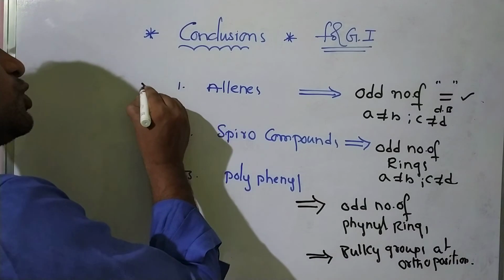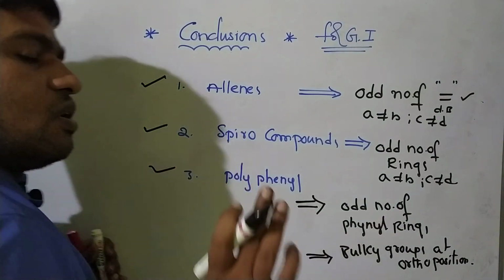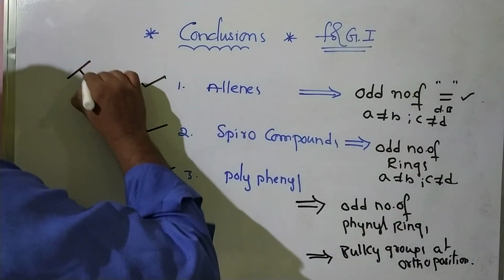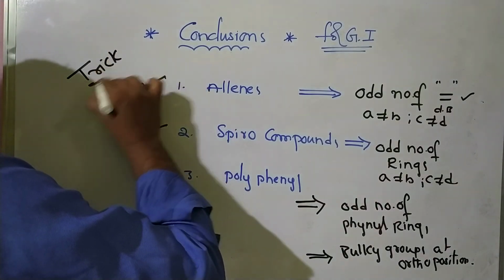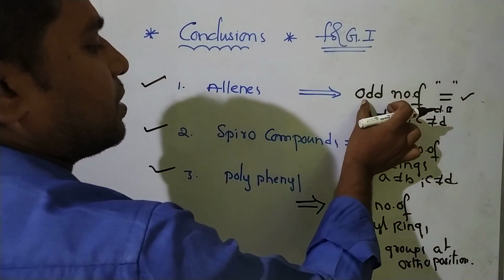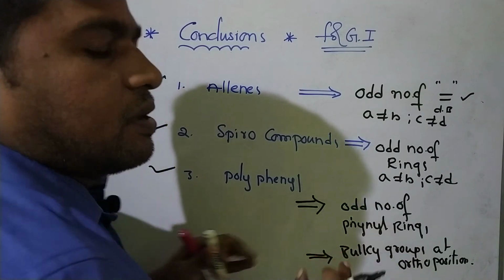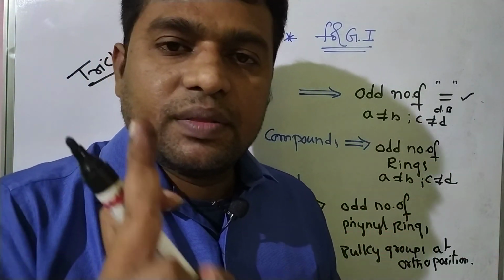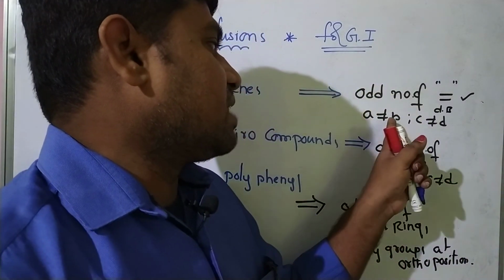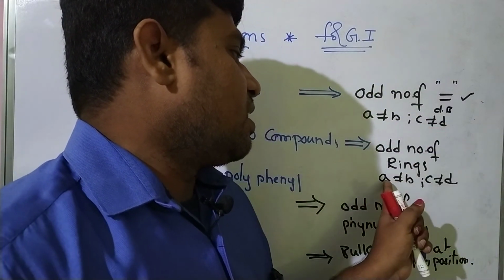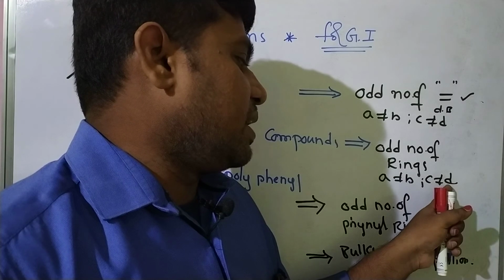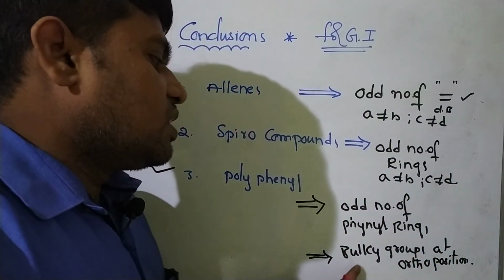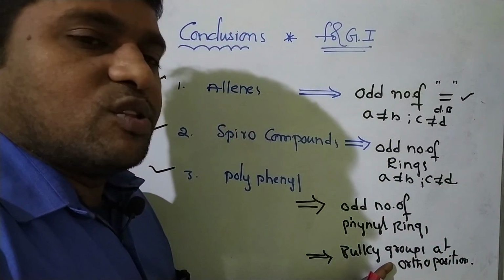So these are the most important conclusions. This is the simple trick: odd number, those molecules will show geometrical isomerism. The second condition is A not equal to B, C not equal to D. In case of polyphenyls, the bulky groups must be at ortho positions.